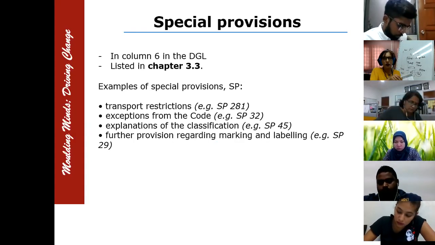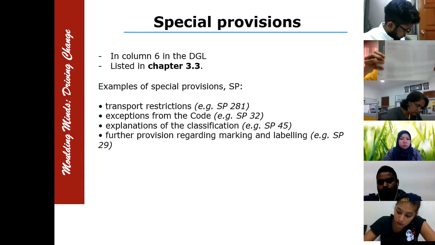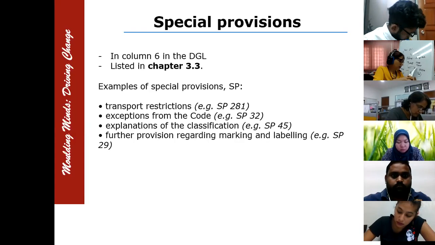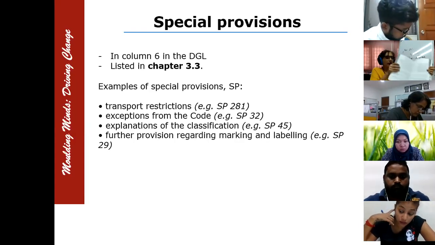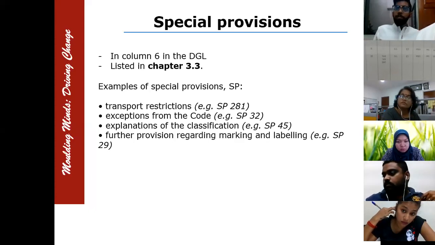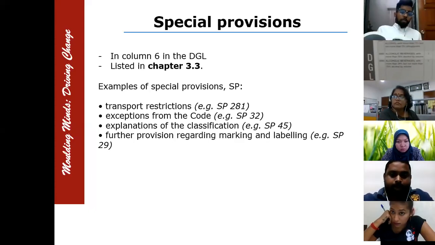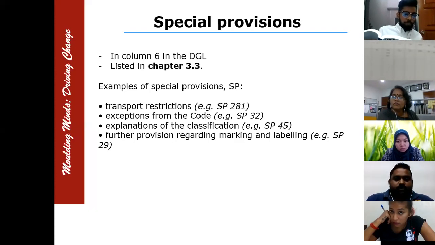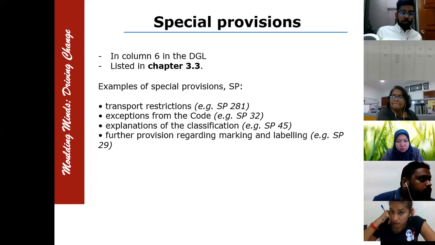All right, let me show you in the camera here. If you have the code book, you can look for 3065. When you look at 3065, you will see these SPs. You see that this is 3065, alcoholic beverage. And then you see these SPs, can see? Then you will see these SPs.